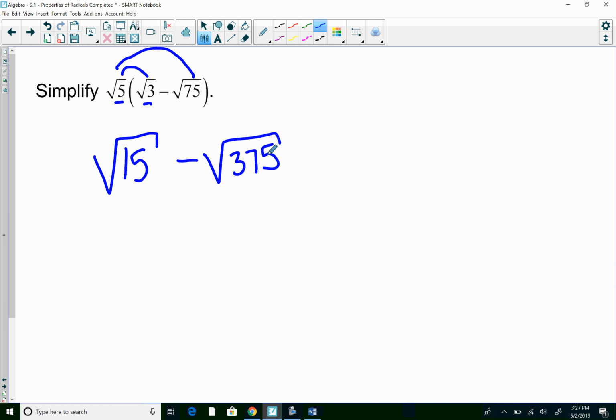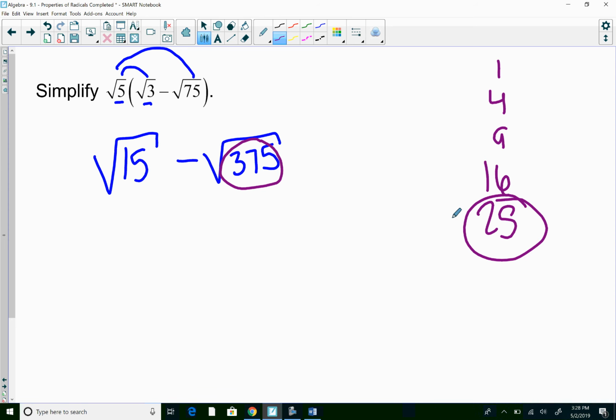375. I guarantee you there is a perfect square inside of here, because I know it's not a perfect square on its own, but there's got to be one inside of there. 1, 4, 9, 16, 25. I bet this is the one. So if we take 375 divided by 25, interesting, it's like the book tries to do stuff like this.